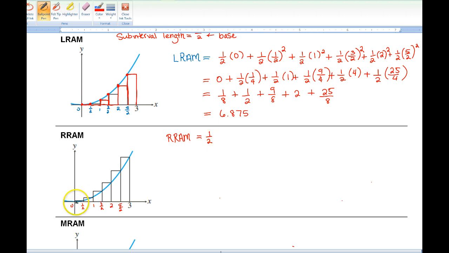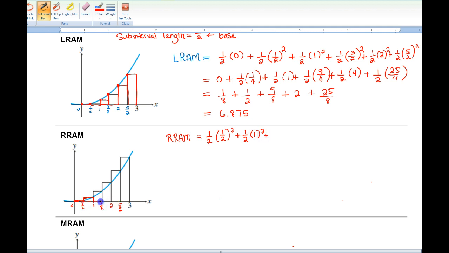So now let's look at the first interval. The first interval goes from 0 to 1/2, but we don't want to use 0. That's the left endpoint. We want to use the 1/2. So it's going to be 1/2 squared, because that will be the height of that rectangle. Next, we have 1/2 to 1. So we want to look at the right-hand endpoint. So that's going to be 1 squared.